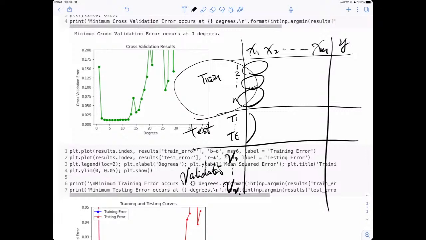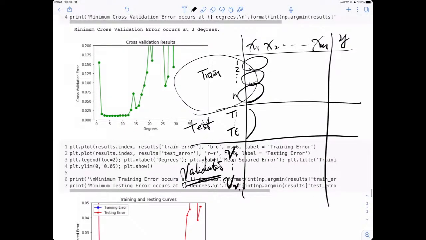So how about the third data set, which is validation? Every time you train your model, you do the partial differentiation and update your MSE or cross entropy. Every time you do training, you use your validation data set to do validation.